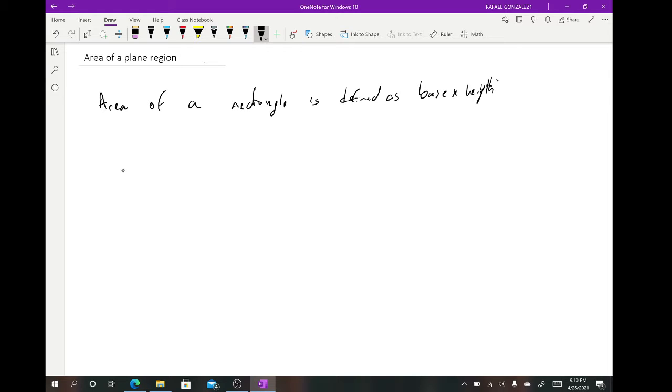So for example, the area of a triangle, if you wanted to locate the area of some triangle, what you would do is you would create a rectangle that would encompass that triangle, sort of like this.